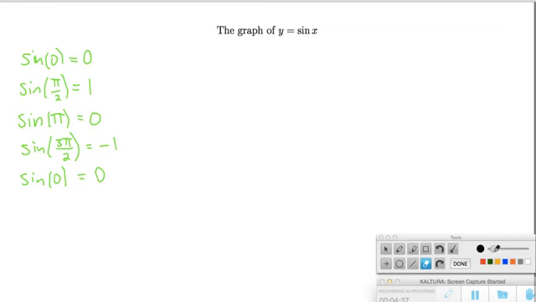Alright, so now that we've picked up those exact values on the unit circle, we can try to graph y equals sine of x on the xy plane. So again, this is what we're graphing. So we'll draw our xy plane.